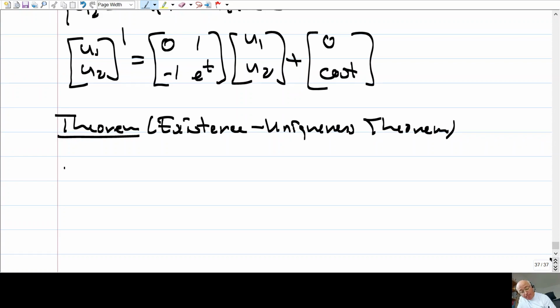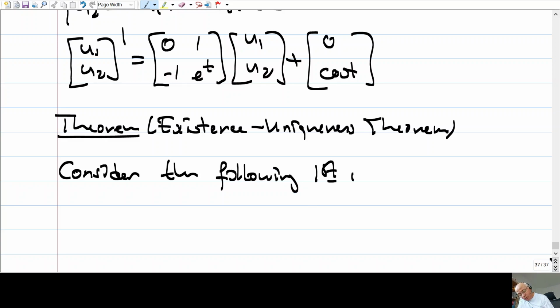Okay, now consider the following first order linear system of differential equations.